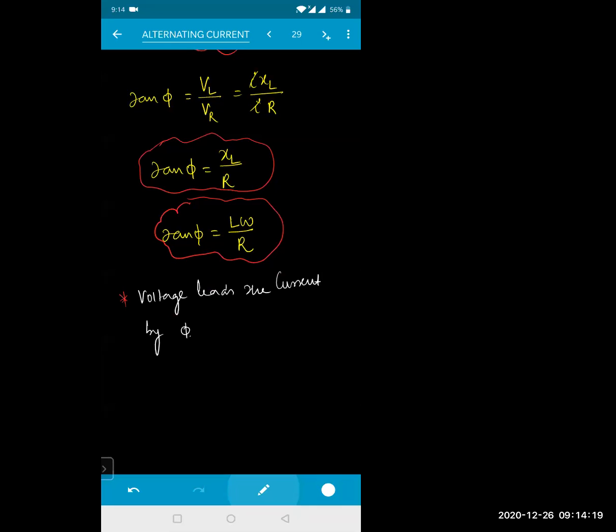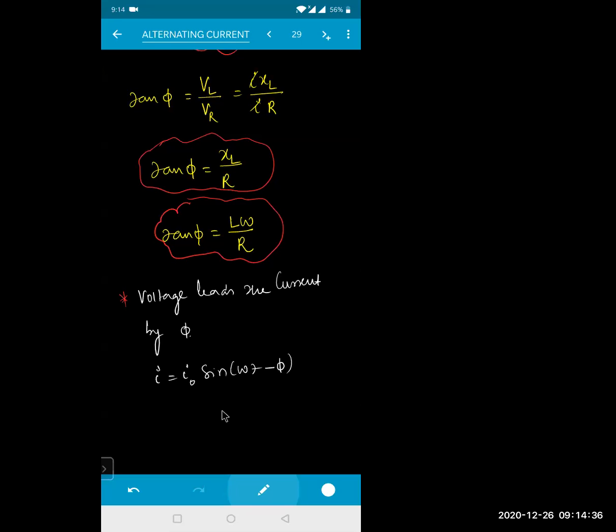If voltage is leading the current by phi, what will be the current? I is equal to I naught into sine of omega t minus phi. It will be lagging by phi. If potential is ahead by phi, current will be lagging by phi.